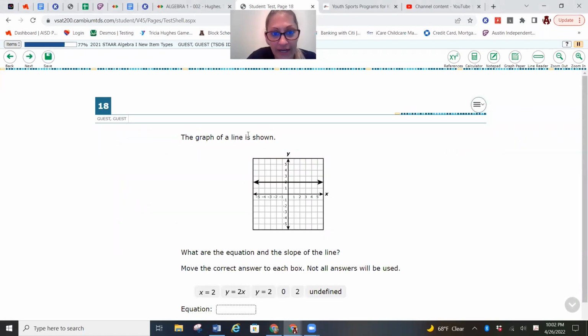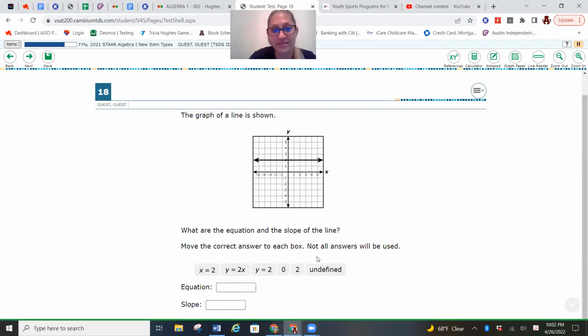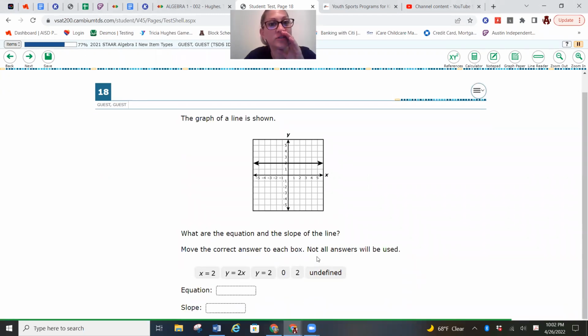The graph of a line is shown. What are the equation and the slope of the line? Remember, a horizontal line has a slope of 0. So the slope, drag it in there, is 0 because it's a horizontal line.